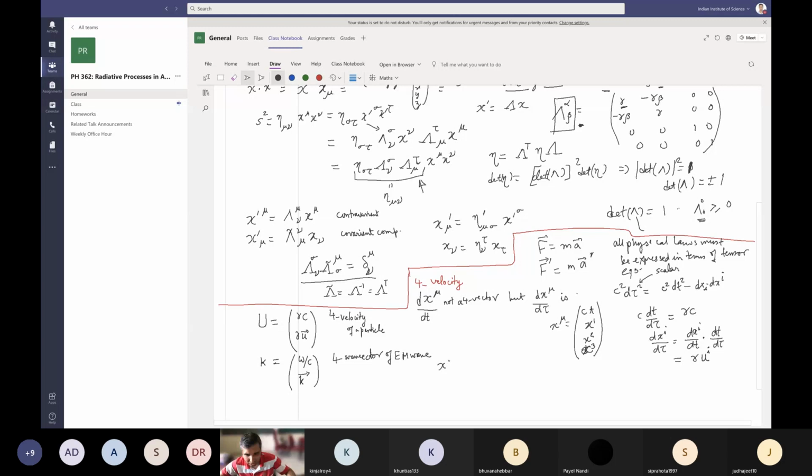So x0^2 minus x1^2 minus x2^2 minus x3^2 should be independent of the frame. What does that mean? Omega^2/c^2 minus k^2 is equal to omega'^2/c^2 minus k'^2, and this is equal to 0 for an EM wave, right?